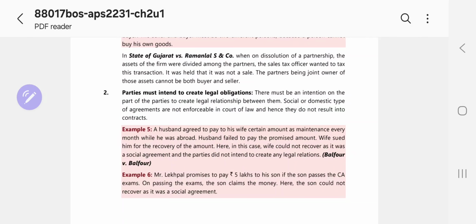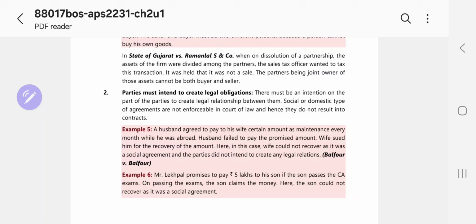Okay, when a husband is agreeing to pay maintenance to his wife while he is outside the country, there is no legal obligation on the husband to pay the wife. This is just a relationship, out of love. Out of the nature of love, he is paying the maintenance amount to his wife. Once he stops the maintenance amount, the wife cannot sue the husband in a court of law, since it is a social obligation on the part of the husband and there is no legal enforceability.